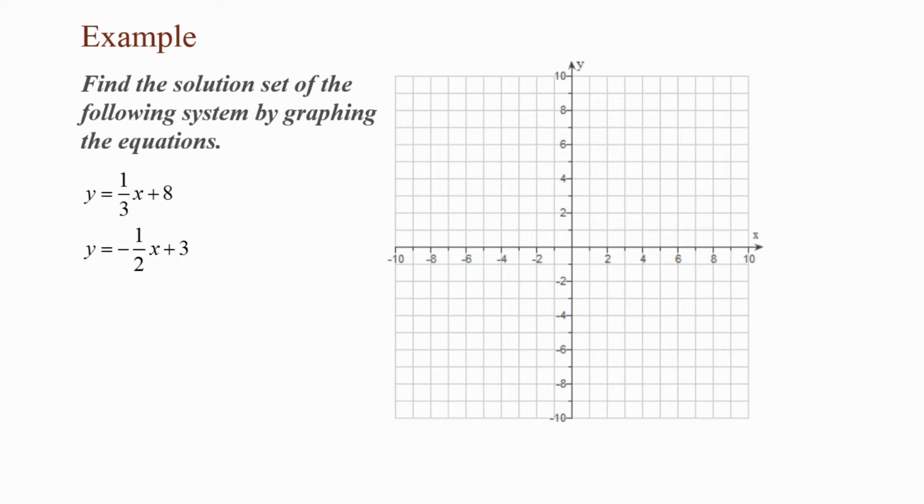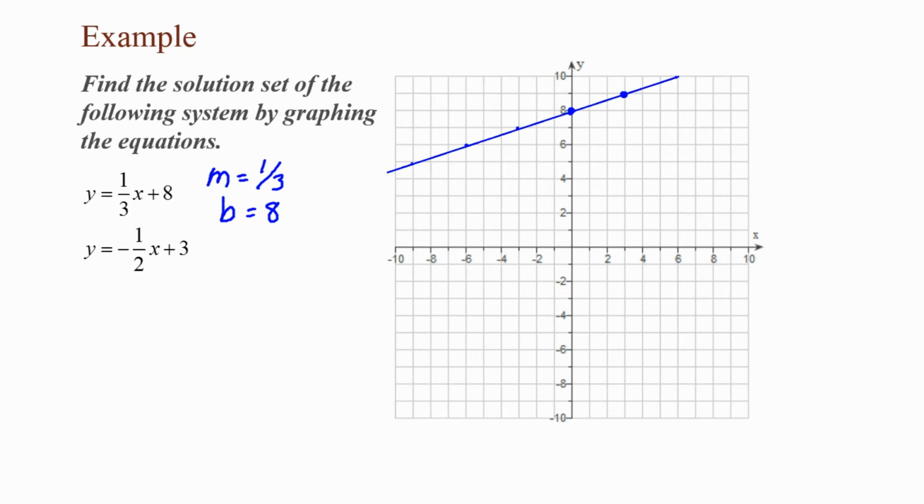For my top equation, y equals 1/3 x plus 8, the slope is 1/3, and my y-intercept is 8. So I plot my 8 on the y-axis, then I go up 1 over 3 to make my second point. This is all I really need to graph my equation. If you need more points, you're welcome to graph them, and then you want to draw your line.